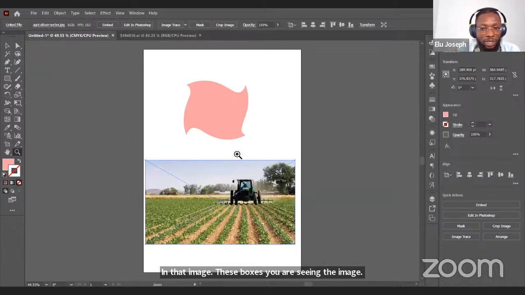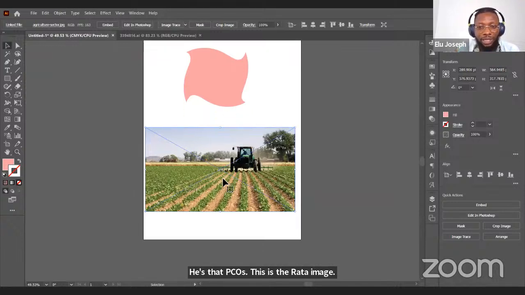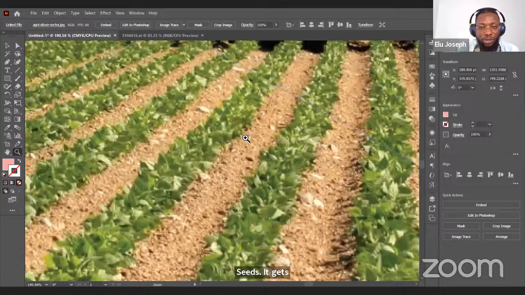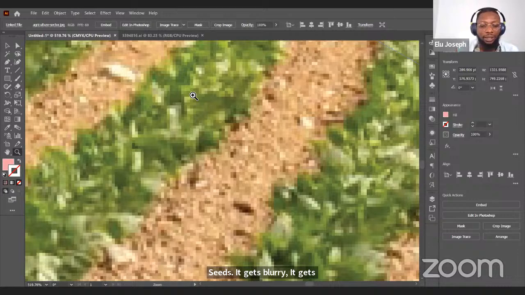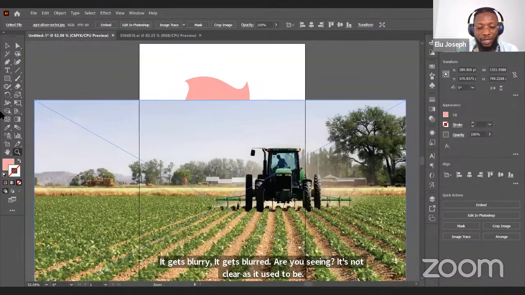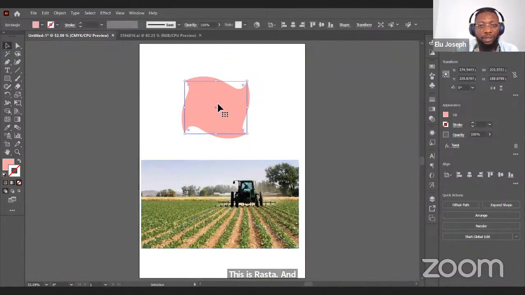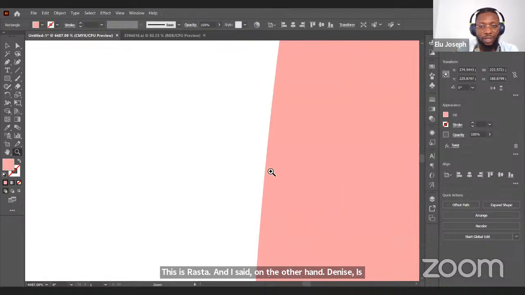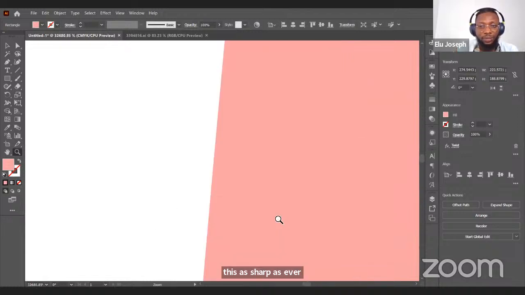While you're seeing those boxes, be mindful that the image is getting blurry. It gets blurry the more I zoom in. This is raster. And vector, on the other hand, the more I zoom in, it stays as sharp as ever. I'm zooming in, it's still sharp.